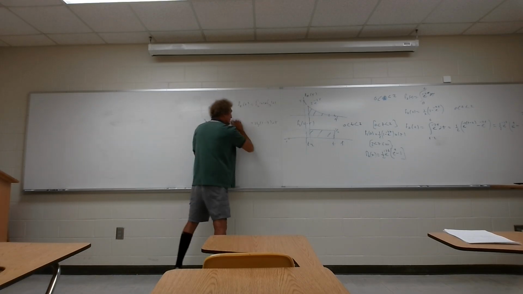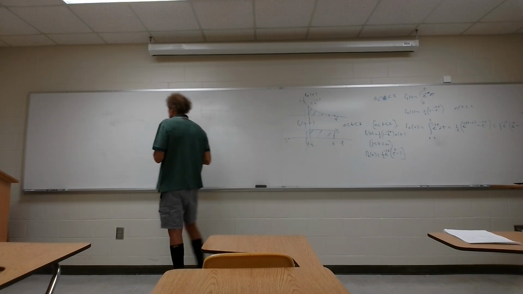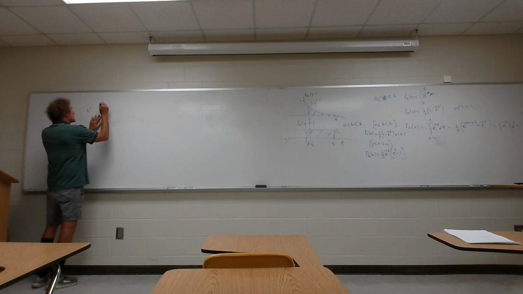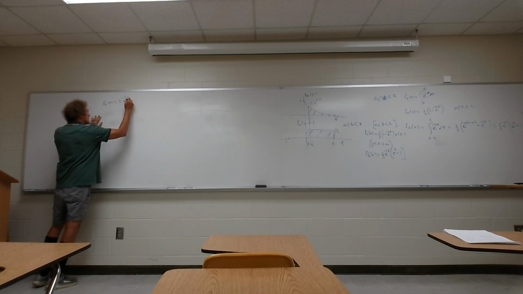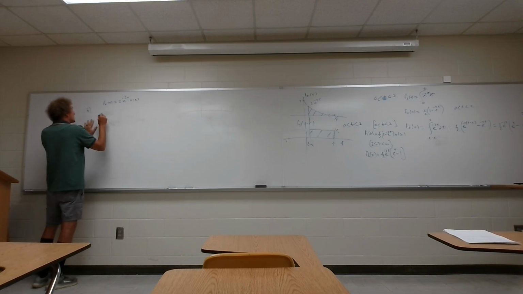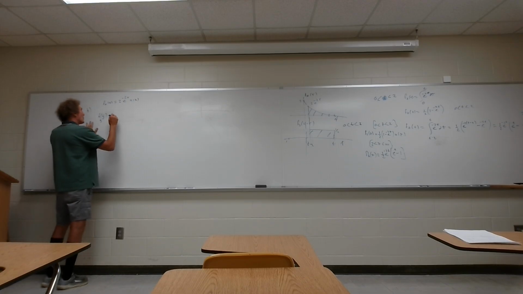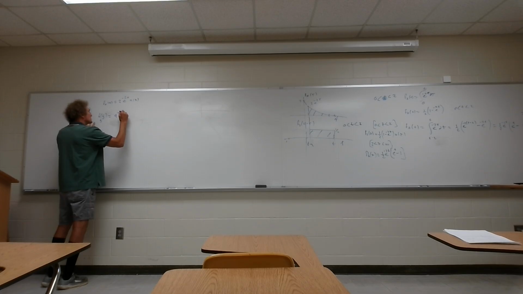All right, next problem, or the next part of the quiz, was part B. Now I still have my f of x is 2e to the minus 2x u of x, but now got a new function, capital G. f of g of g is equal to 4e to the minus 4g u of g.